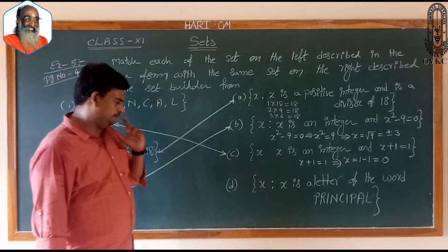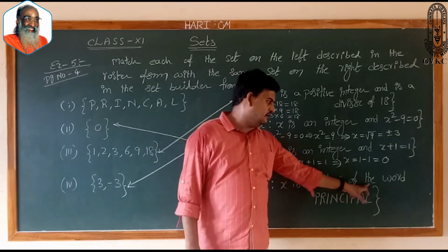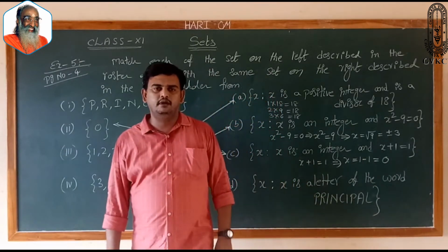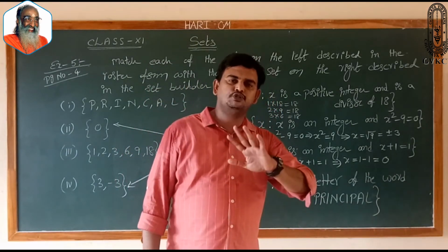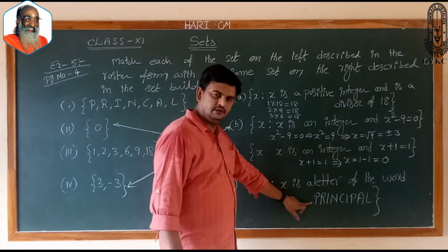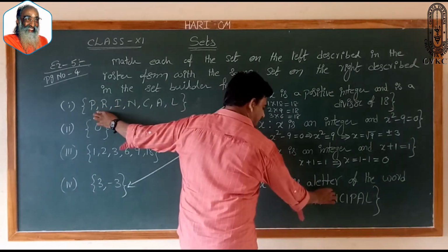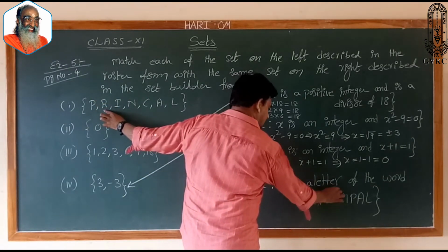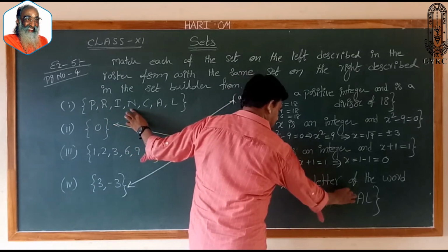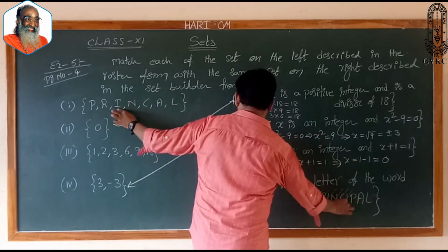And the last one, x such that x is a letter of the word principal. As I told you, in a set the elements should not repeat. Now, what elements do we have? The first letter P, here I have P. R, here I have R. I, here I have I. N, here I have N. C, here I have C. I is already repeated.